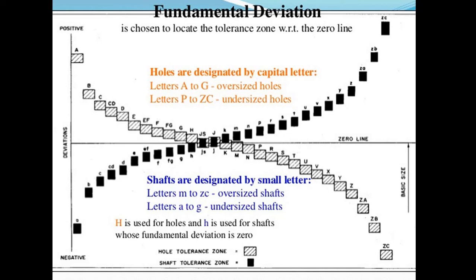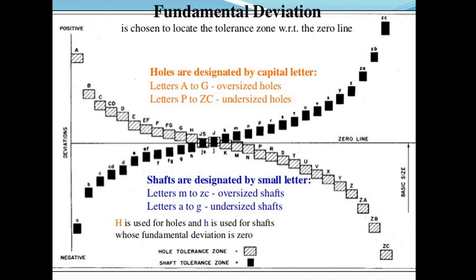Similarly, letters P to ZC you can see here. All these holes A to G are above the basic line. Here you can see this is the basic line. Here to here, all the holes are above the basic line, whereas P to ZC are all below the basic line.